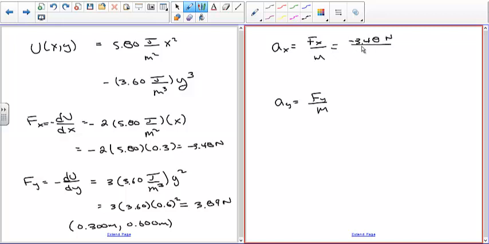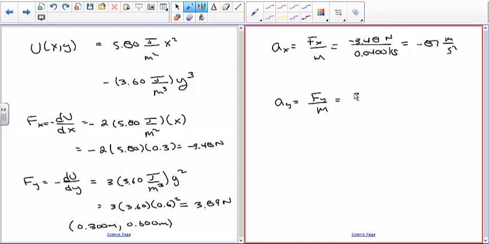So the corresponding accelerations are going to be the forces divided by the mass, which is given in the problem as 0.0400 kilograms. And the units will work out as meters per second squared. So I get -87 meters per second squared.